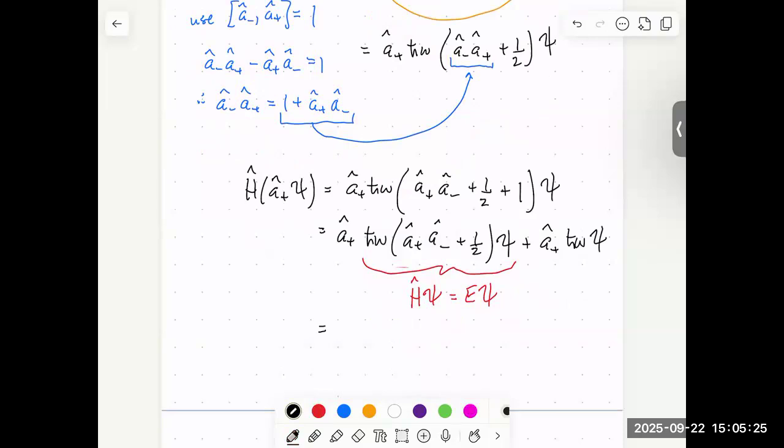I'm going to write that as E A plus times psi. I can move constants around my operators. I can't move operators around each other. Okay, and I still have this thing. I'm going to write this as h bar omega, A plus times psi. So we get plus h bar omega, A plus times psi. Okay, so we're very close to where we want to be.